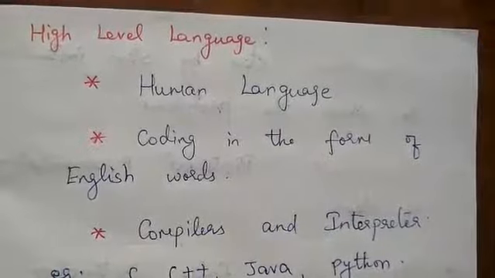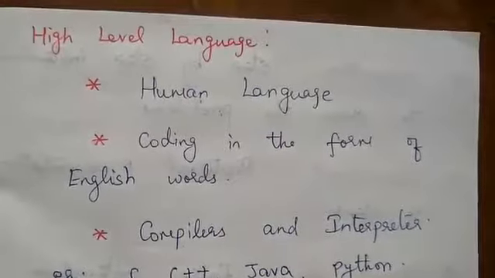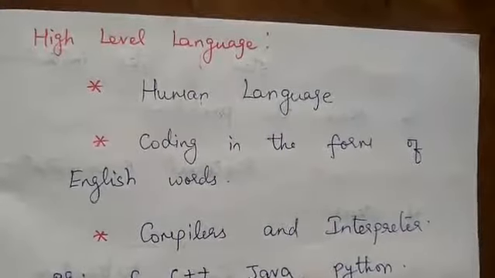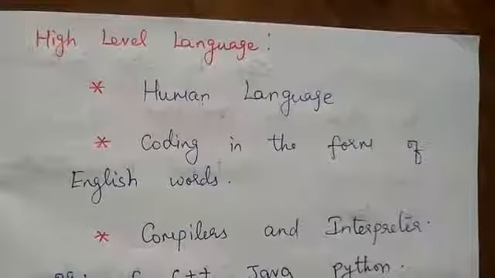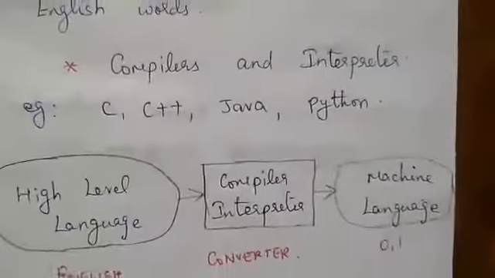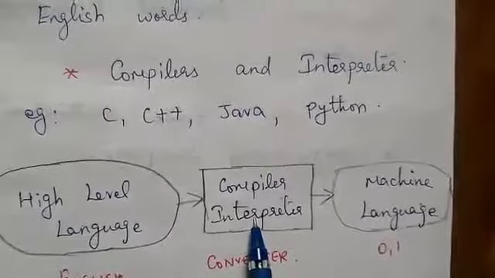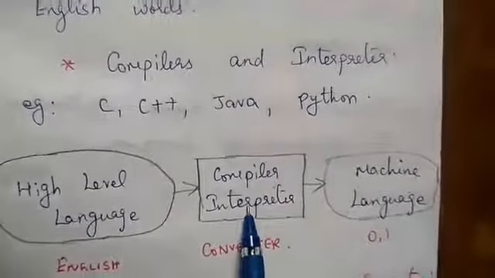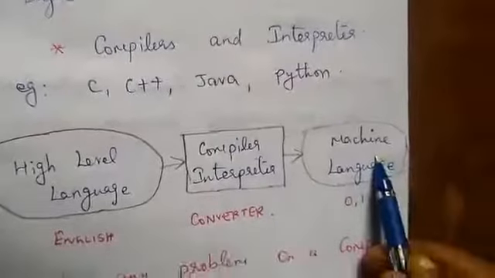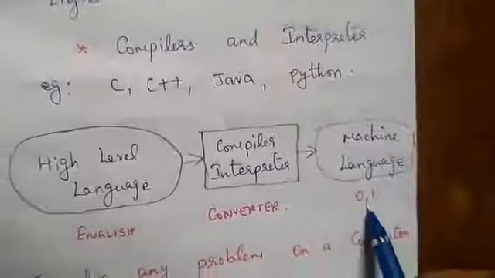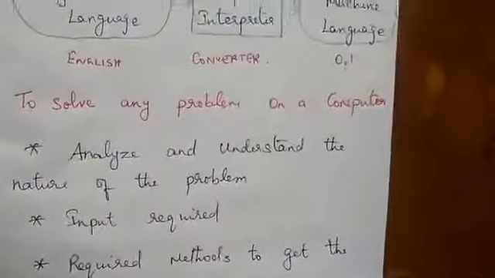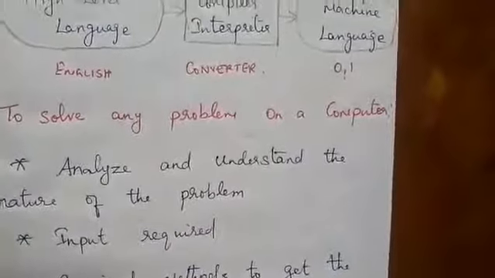Examples of high-level languages: C, C++, Java, Python. Here, high-level language in the form of English is converted using compilers and interpreters into machine language, that is 0 and 1.